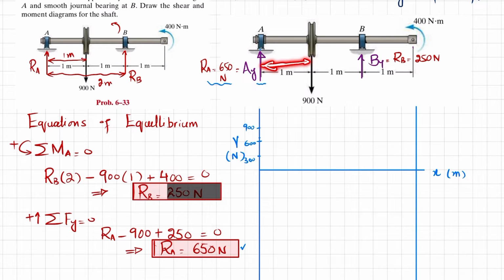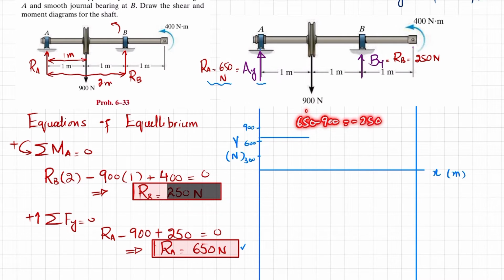So shear force will remain constant till this point. I will draw it as a horizontal line till this point. Now at this point you have a load of minus 900, which acts downward. So 650 minus 900 will give you minus 250.